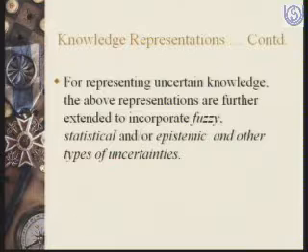Now, for representing uncertain knowledge: these representations which I enumerated above, predicate and propositional logic, networks, frames, objects, generally these are used for complete and precise knowledge. As I mentioned, in our everyday life, more often we are discussing knowledge which is imprecise.